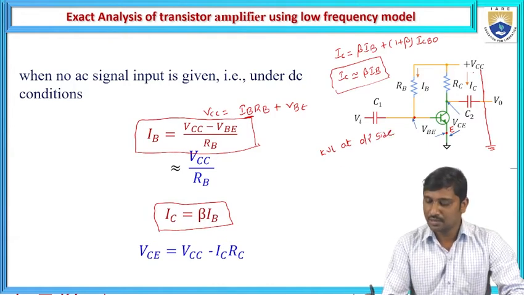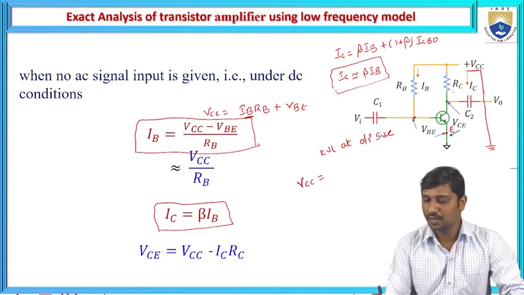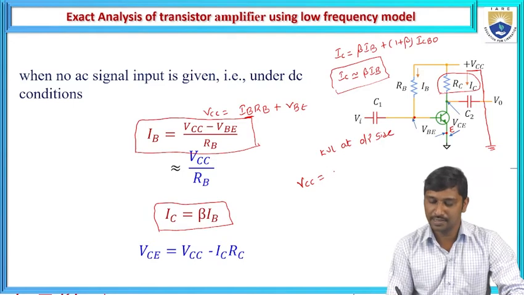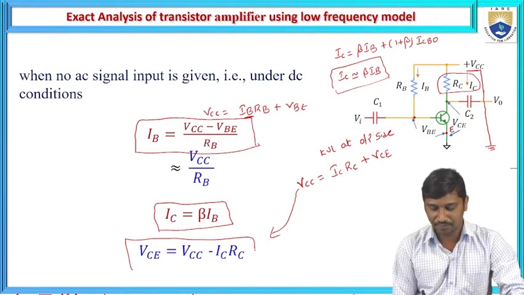We know the starting source is VCC, hence VCC is equal to the voltage drop across this collector resistance, represented as IC times RC, plus the potential difference between collector and emitter, represented as VCE. So from this equation, VCE is equal to VCC minus IC times RC.